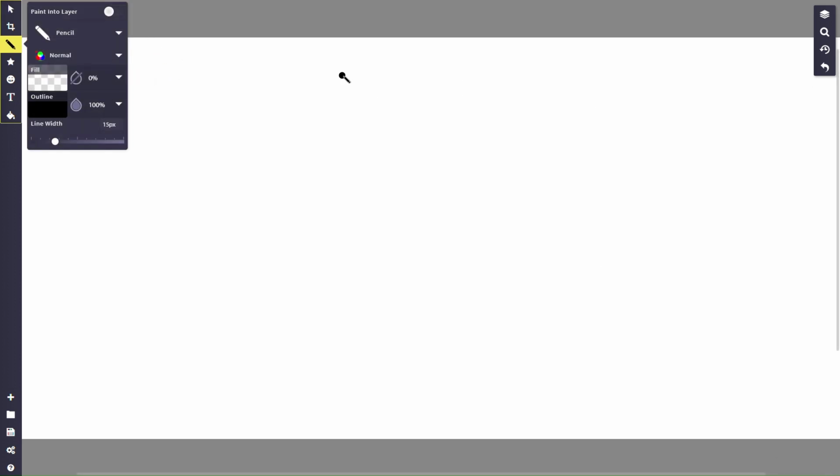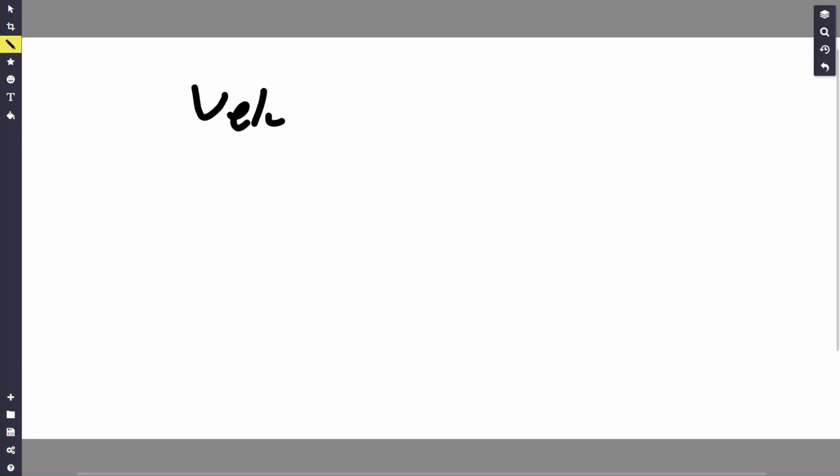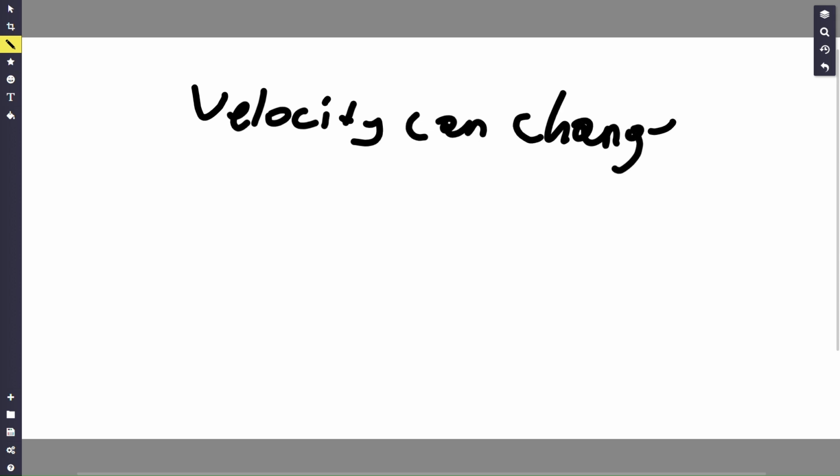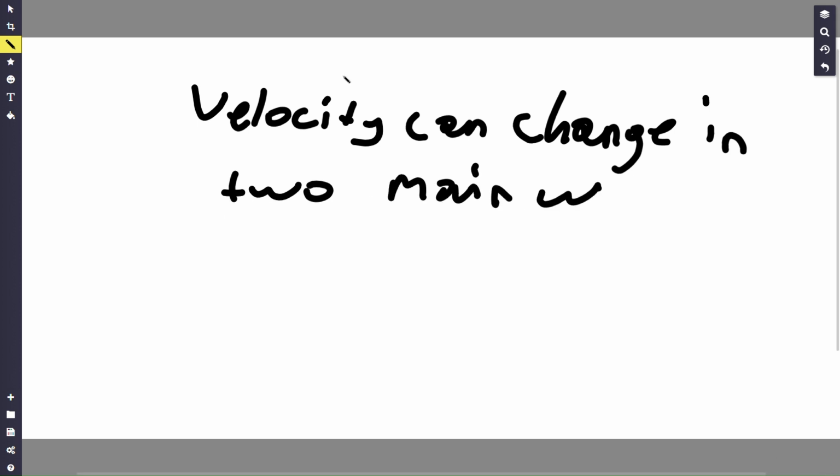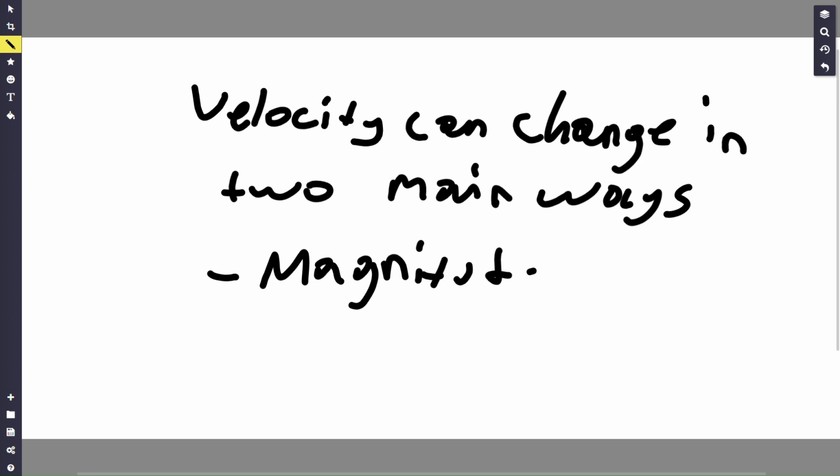And velocity can change in two main ways. Firstly, magnitude, aka size, can change.